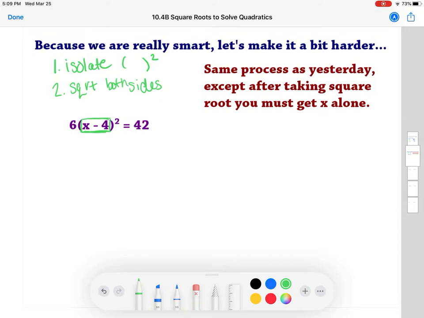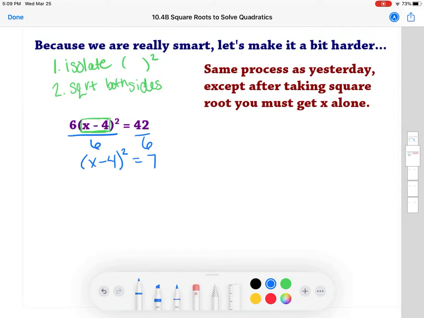All right, so what does that look like? In our example here, to isolate that squared thing, for lack of a better word, we are going to divide by the 6 that's out front. So now I will have x minus 4 squared equals 7.